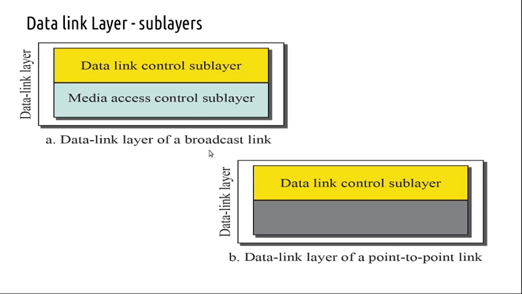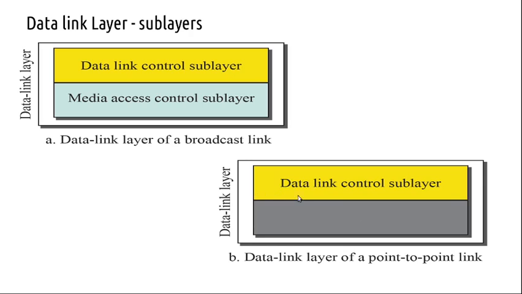Over a broadcast link, that is, when it is using a shared channel, these two sublayers are defined. But on a point-to-point link, that means a router-to-router or node-to-node link, these two sublayers are not defined. Rather, it's sort of a dedicated channel, so you have really established a link.